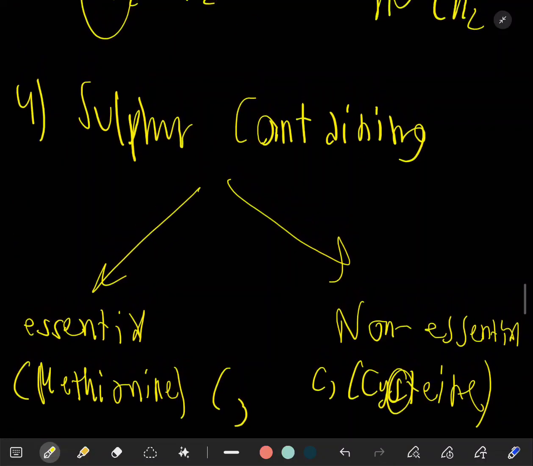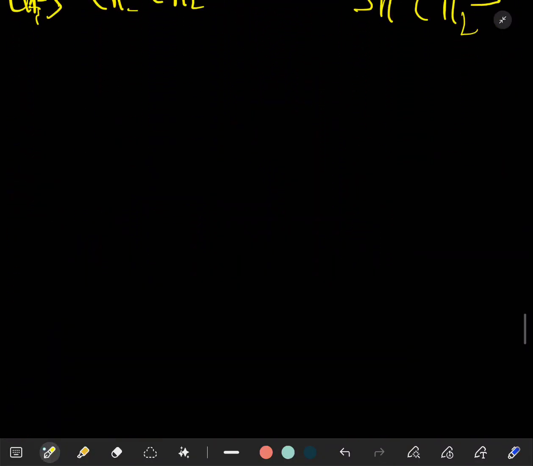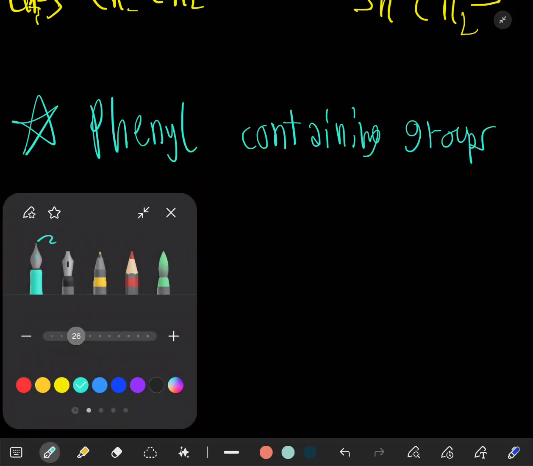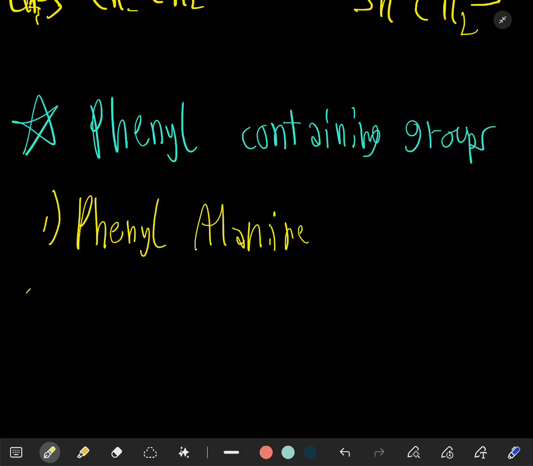So now as we move forward, we go to the last groups which are left with us. So now we get our phenyl containing groups. The first one we already did a bit about, which is phenylalanine, and the second one which you guys have to remember is tyrosine, and both of these are essential.